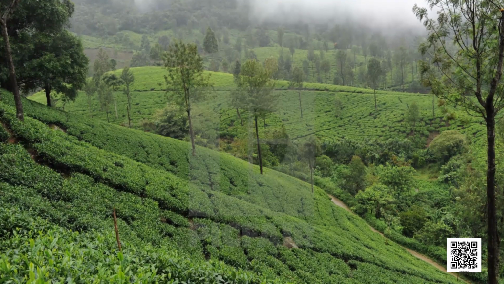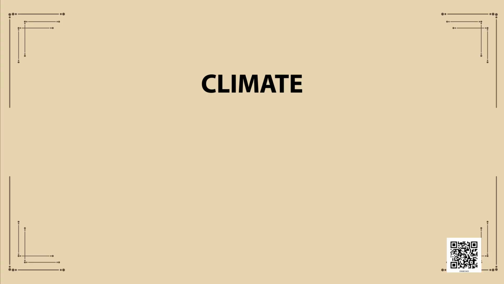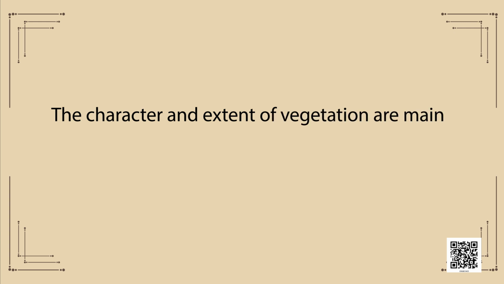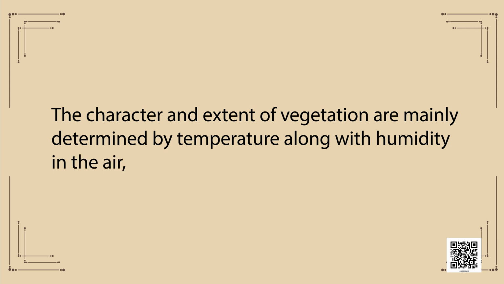The next major factor responsible for the variation in flora and fauna is climate. The climate affects flora and fauna in a number of ways. Let's first talk about temperature. The character and extent of vegetation are mainly determined by temperature along with humidity in the air, precipitation and soil.